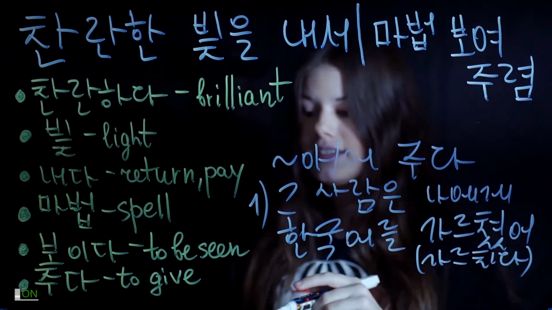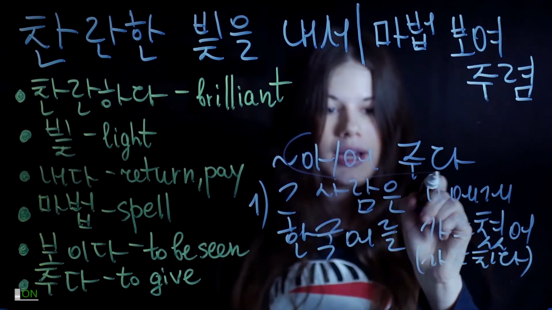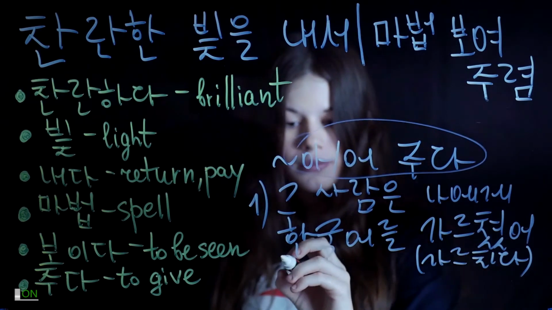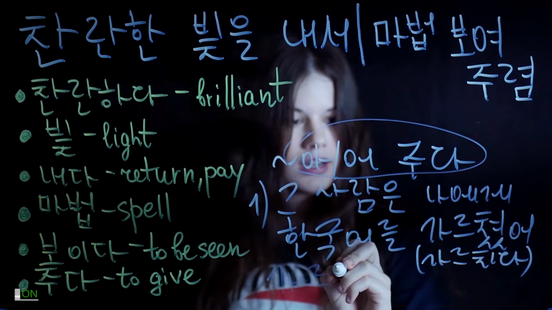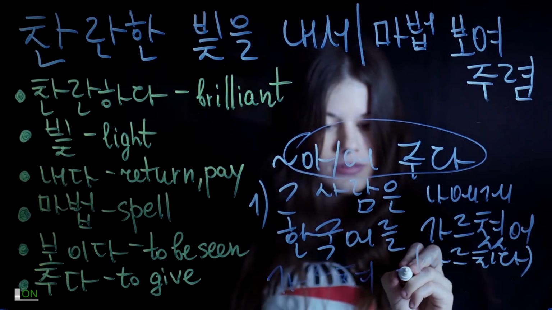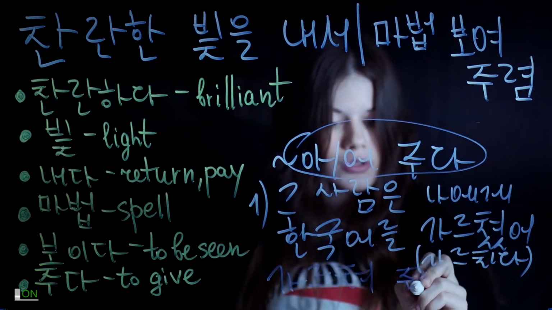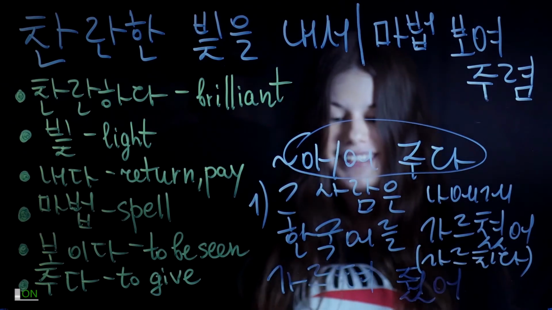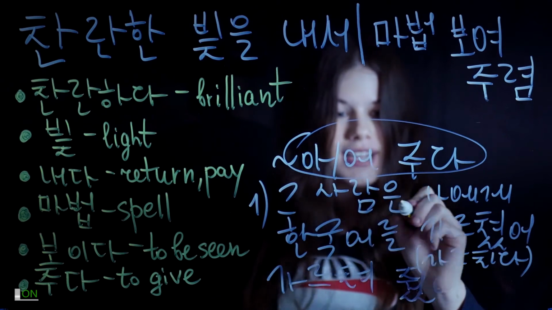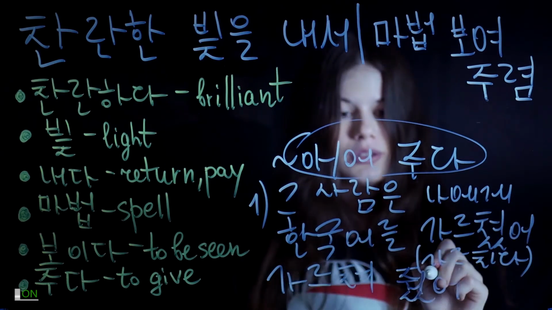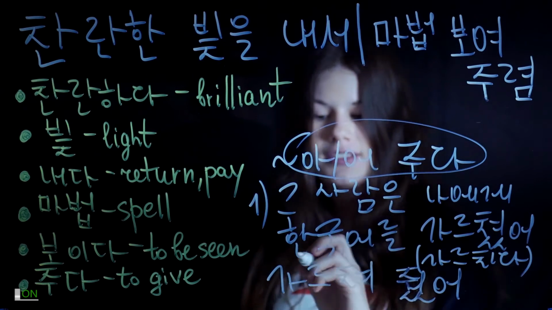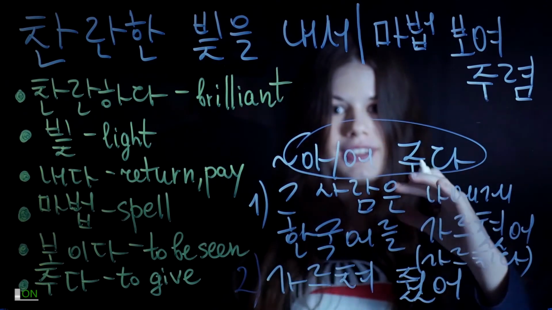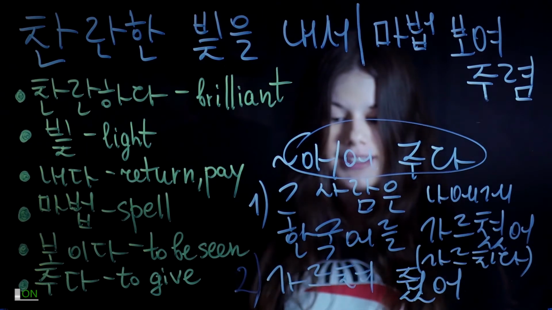But if we added this grammar, it would be 가르쳐 줬어. I hope I write clearly. So 그 사람은 나에게 한국어를 가르쳐 줬어. These both sentences, this is a second sentence, I just shortened it a little bit, but I guess you understand the meaning.